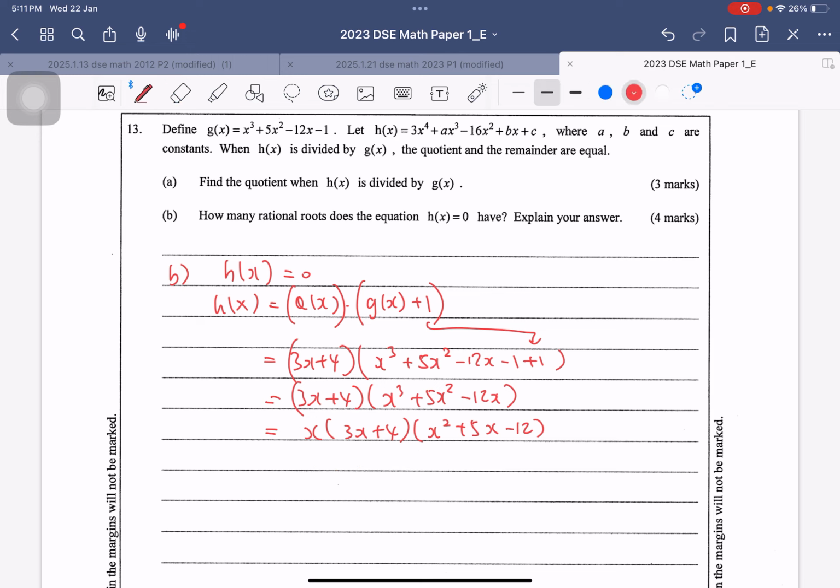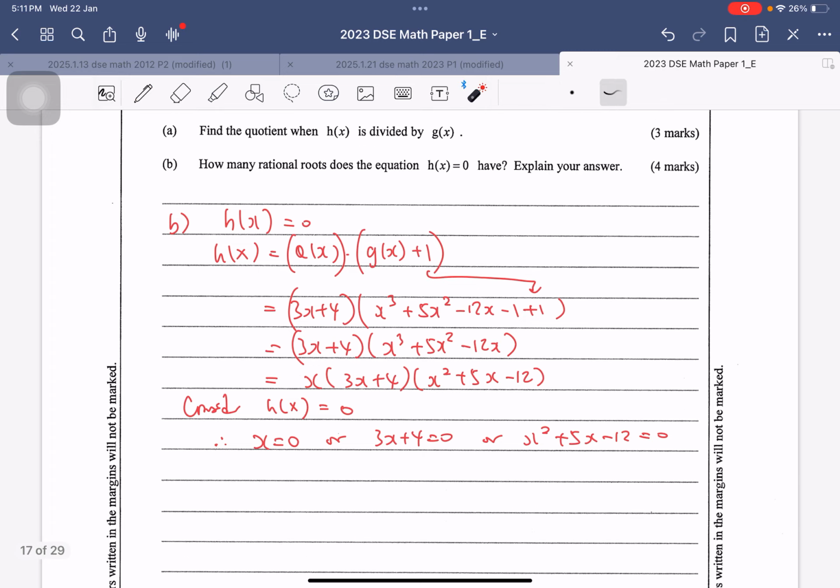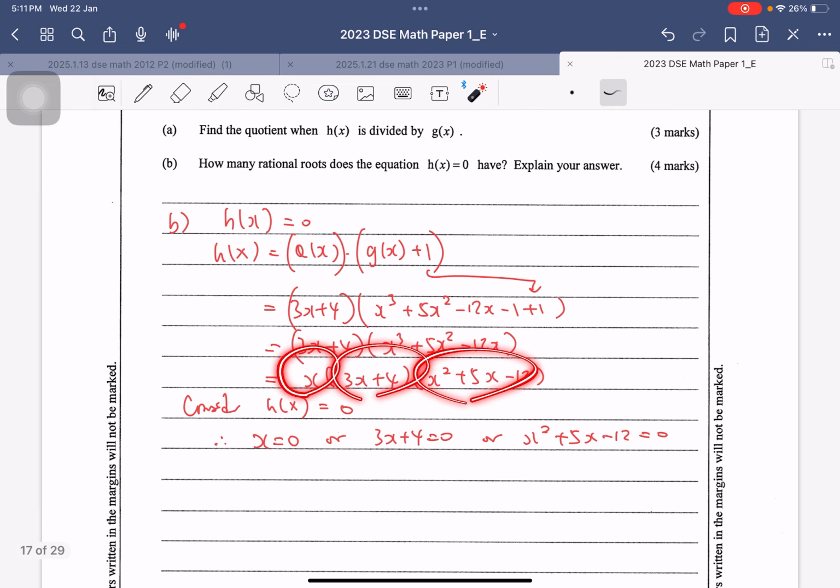And if we consider h(x) is equal to 0, so we have x is equal to 0, or 3x plus 4 equal to 0, or x squared plus 5x minus 12 equal to 0. Because 3 things multiplied together equal to 0, then each of them can be equal to 0.